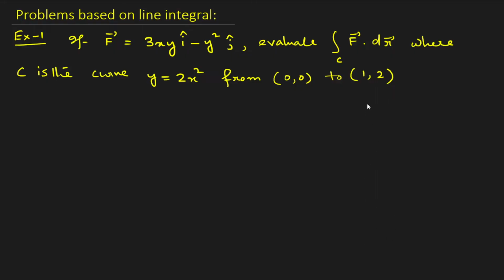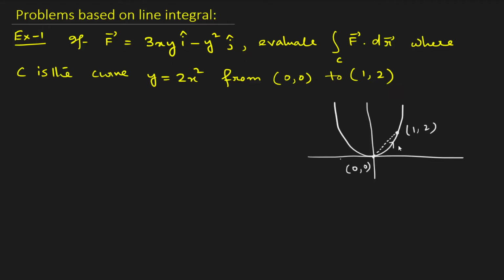Now if we draw a diagram, suppose this is the curve. The curve will be like this. One point is (0, 0). Another point is (1, 2), somewhere here.